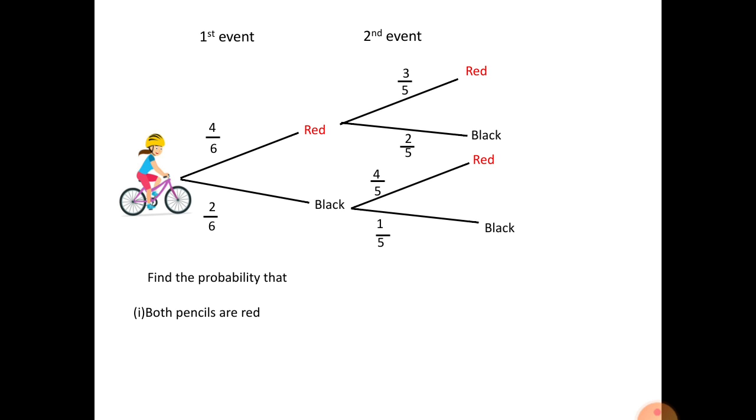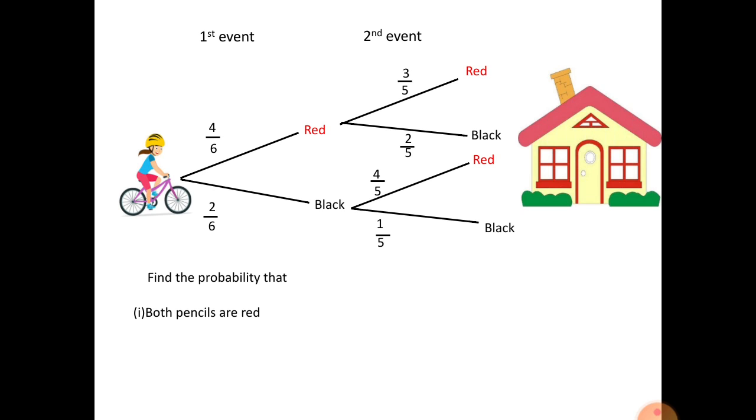As you can see, there are 4 roads here. If this child wants to go to his house by using these 4 roads, whatever they have asked in the question, both pencils are red. So now you have to choose the road that the child will pass as red and red. As you can see, that is the first road.